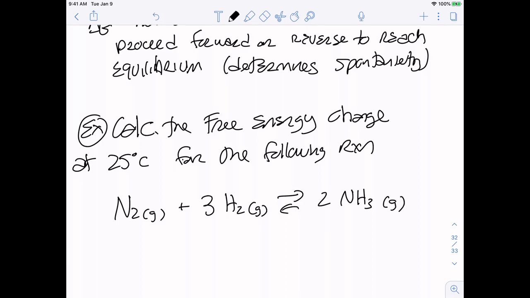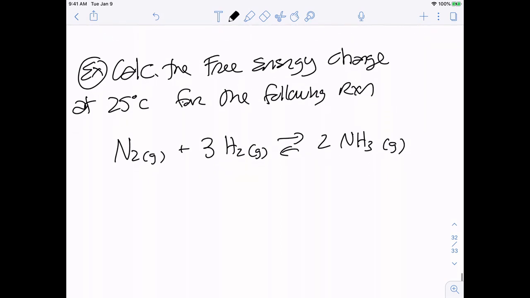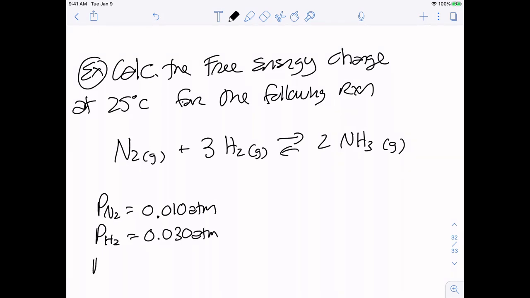I know that my pressure of nitrogen is 0.010 atmospheres. My pressure for hydrogen is 0.030 atmospheres, and my pressure for ammonia is 2.0 atmospheres.